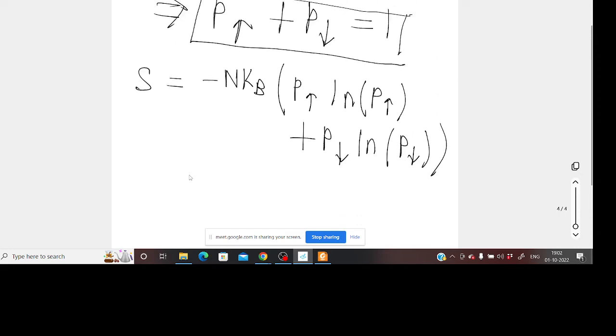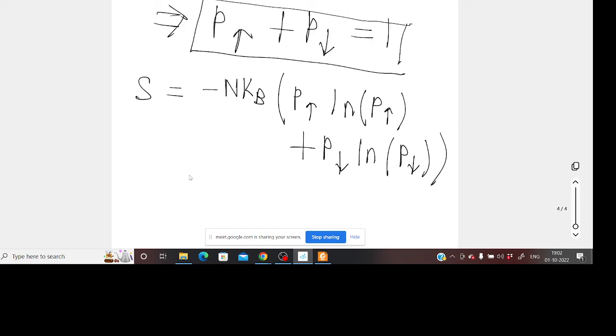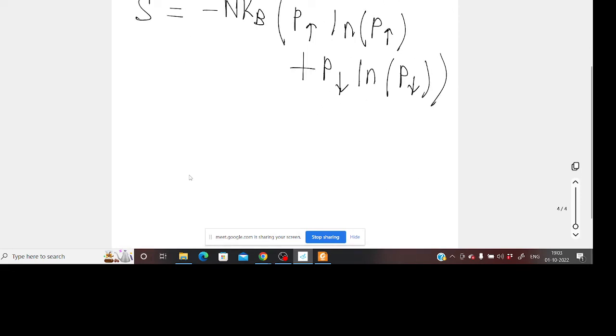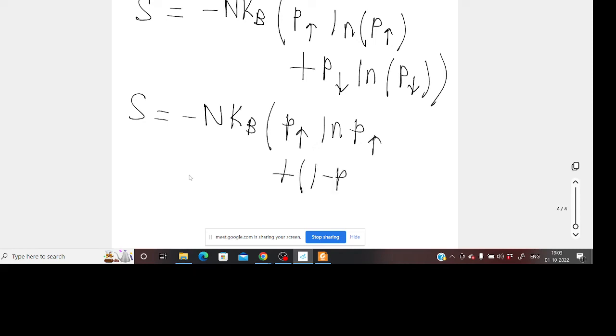And here what is p down? p down is equal to 1 minus p up. So this can again be written as S equal to minus n k_B [p up log p up plus (1 minus p up) log (1 minus p up)].